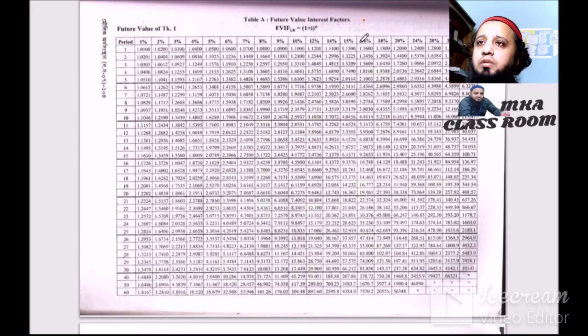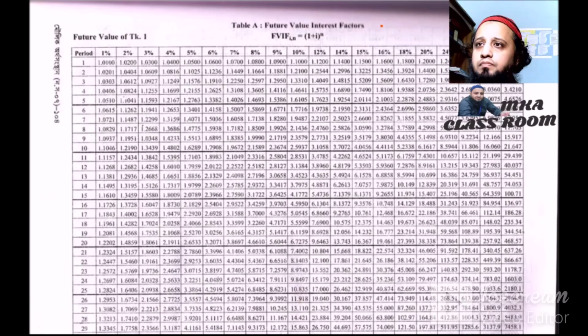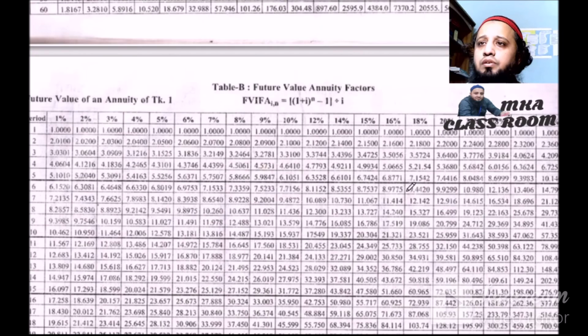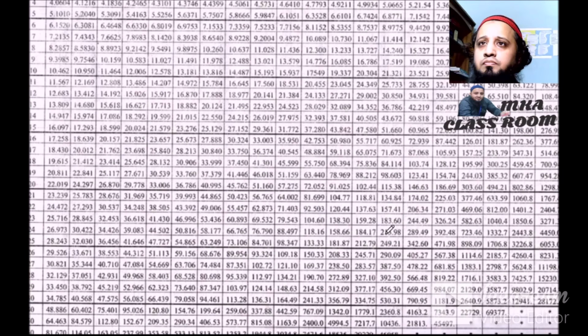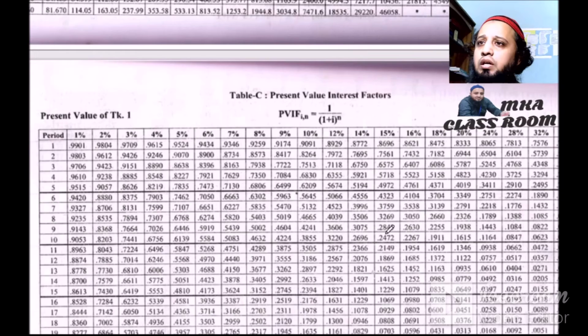First table, future value interest factor. No, we need not this table. Then future value annuity factor. Also we need not this table. Then present value interest factor. That also does not match.